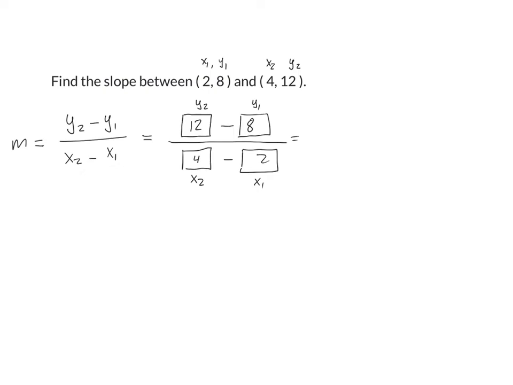So now we're going to do 12 minus 8, which is 4. And then we're going to do 4 minus 2, which is 2. Now we're going to divide 4 divided by 2, and your slope is going to be 2. And that's how you use the slope formula.